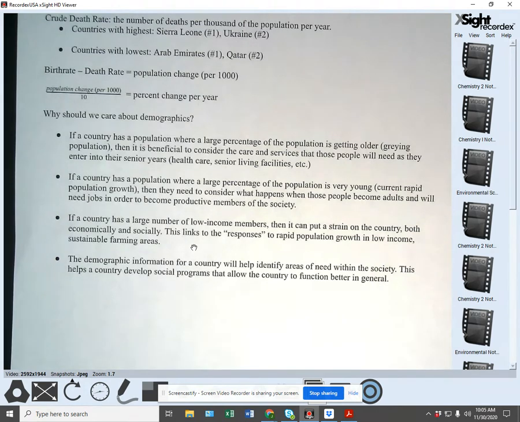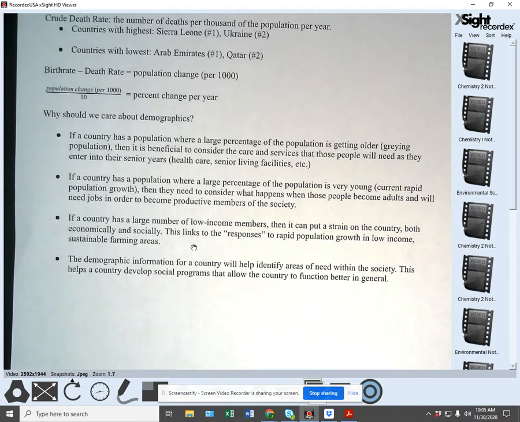because people don't stop getting older, and you don't stop growing up and coming through. So if you've got rapid population growth and a large population of young people, as those people become older they're going to need jobs, and as a society you need to have jobs for them, or else you have major problems, right? People can't find jobs, and they're going to turn to other means to survive.